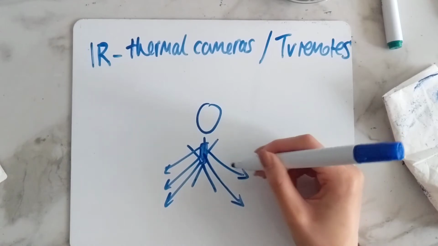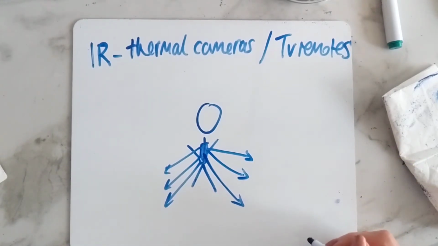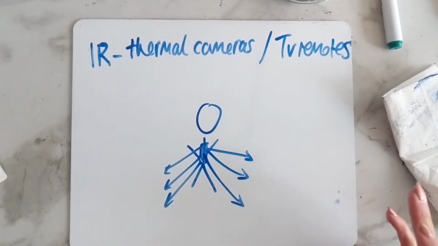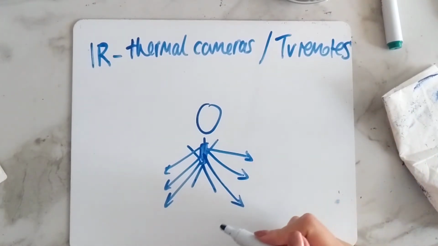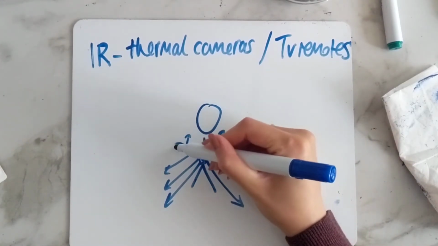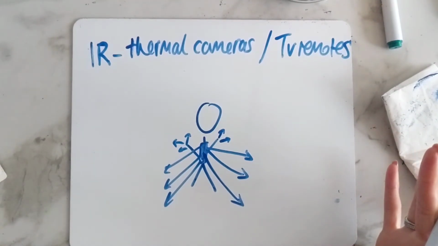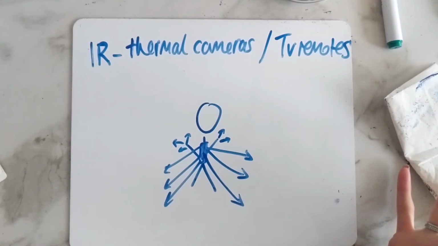It's the warmest, our core temperature is the hottest, therefore more infrared is given off from that area. So on the image, that area will probably be really red, as opposed to somewhere else like our fingers and toes, which don't give off as much heat energy, and therefore will look a different colour in the thermal camera.